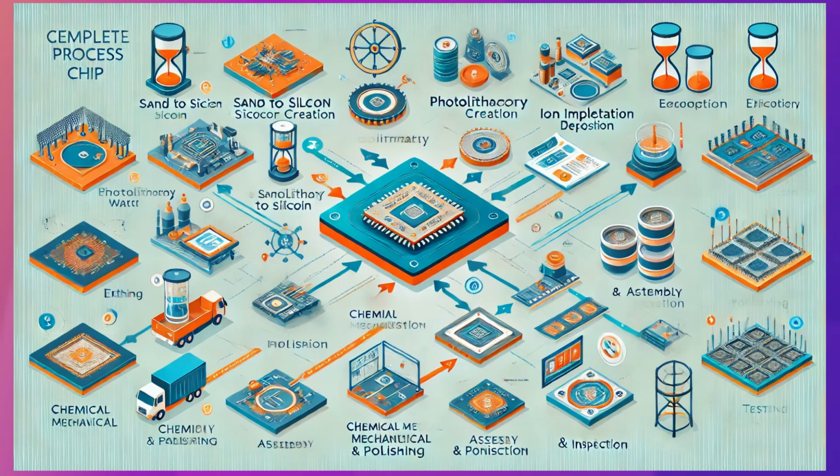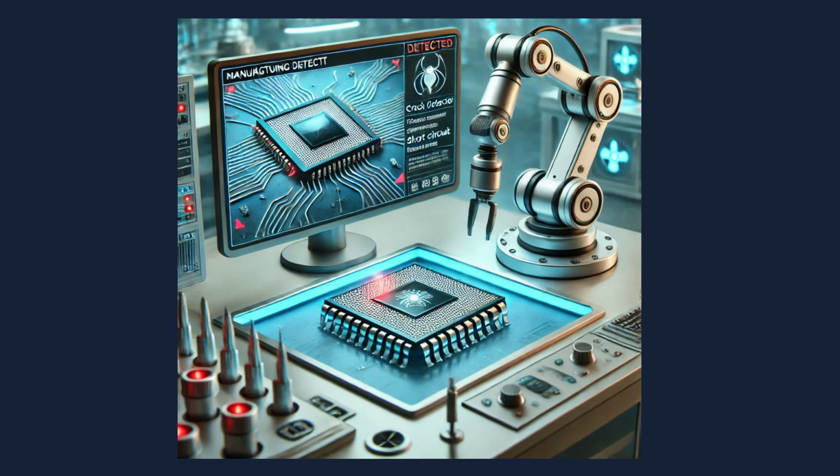Therefore, we must ensure that the products manufactured meet the quality requirements before proceeding to the next step of packaging and testing. In a nutshell, detecting faults is crucial to ensuring the quality of a chip, and we detect these faults using ATPG. Let's understand how ATPG helps us with a real-time scenario example.